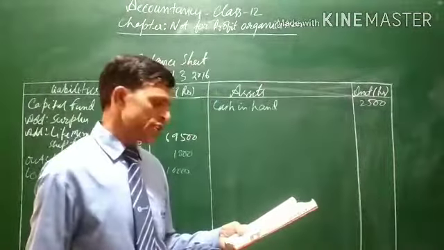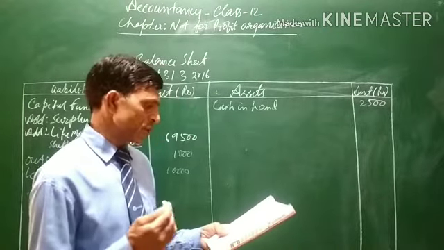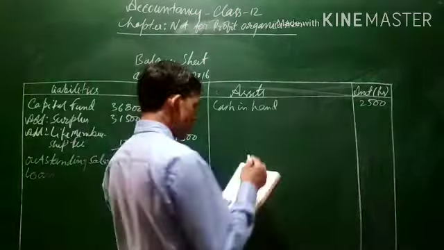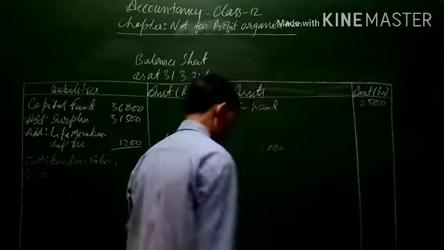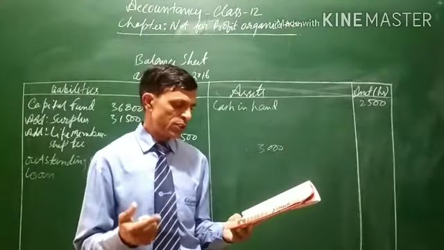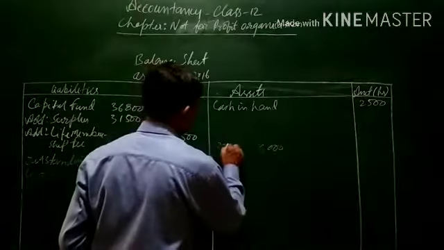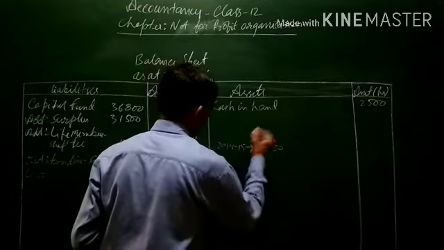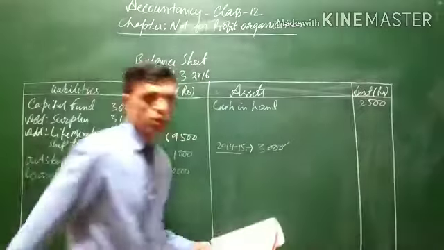Next is outstanding subscription. In the previous year balance sheet, outstanding subscription of 3,000 is mentioned. The previous year means 2014-15, and for the previous year the outstanding subscription was 3,000.